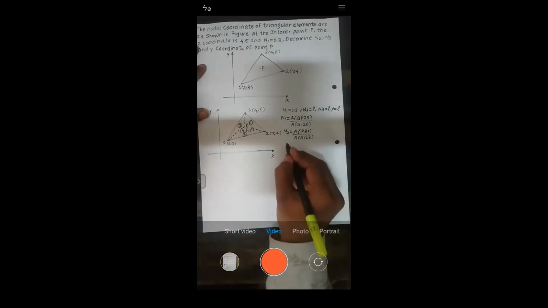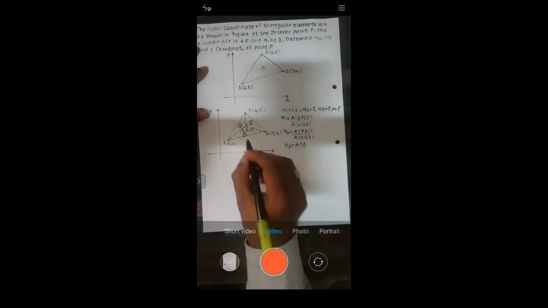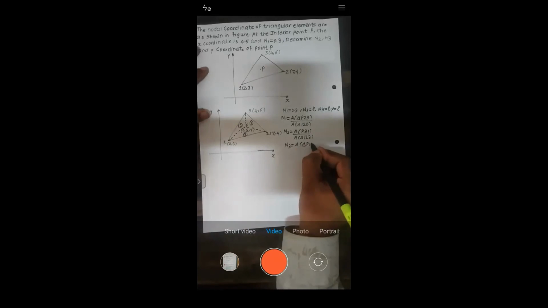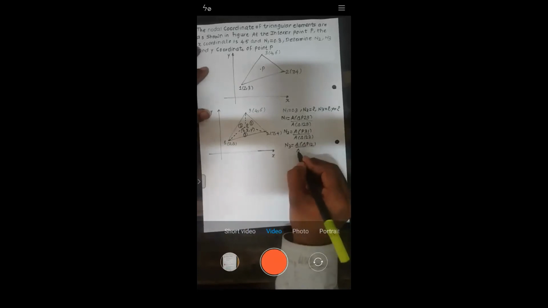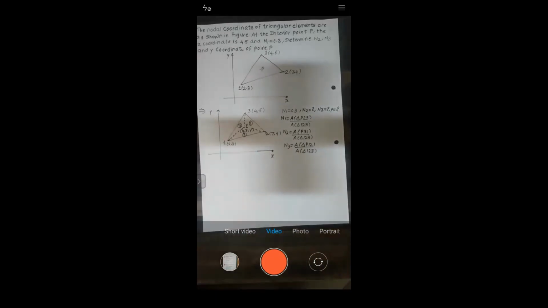Similarly, N2 is given by the area of triangle 2, which is P31, upon the area of triangle 1, 2, 3. Next, N3 is the area of triangle 3, which is P12, upon the area of triangle 1, 2, 3. Okay, now tell me how to solve.